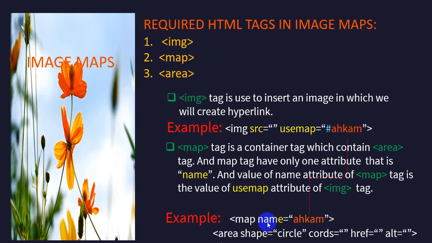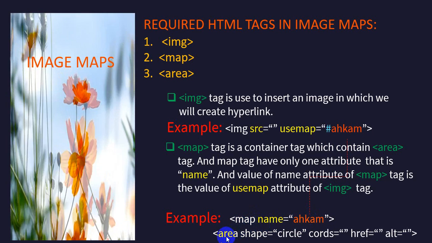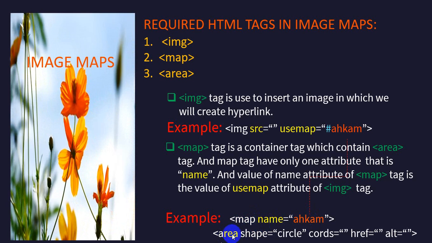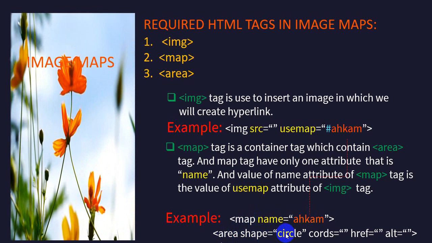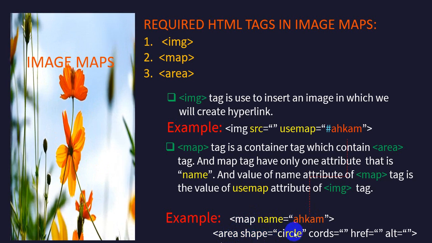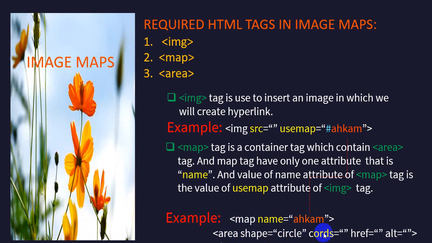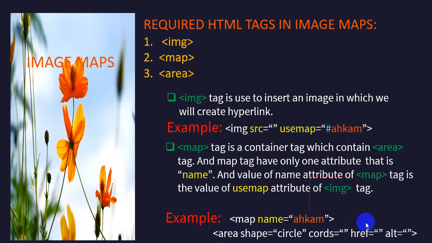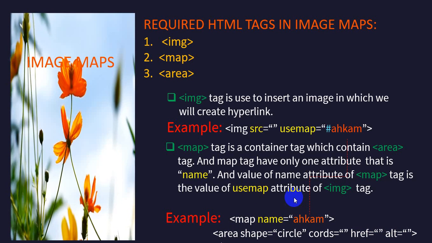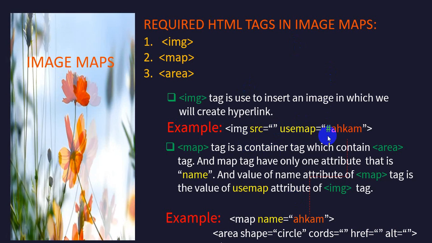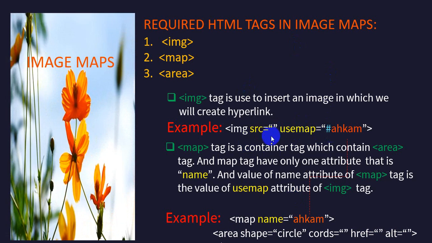After that, inside the map tag we will have different area tags, and then some attributes of the area tag. We will see in the next section what the shape attribute is, what the value circle is, and what the coords attribute is. In this lecture, our focus will be on how we can insert an image and how we use this attribute.